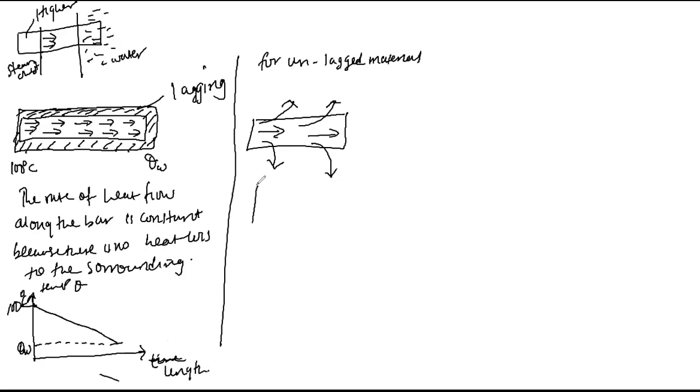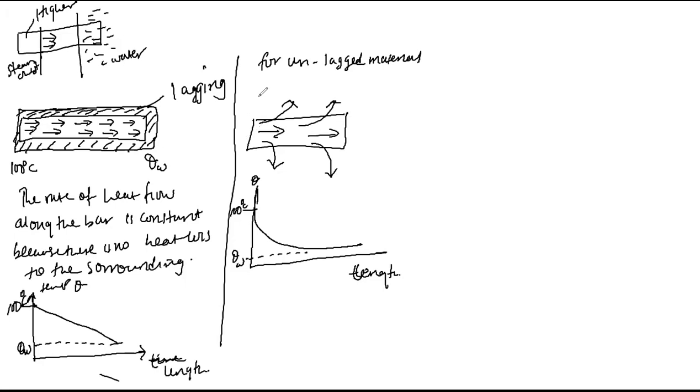Then this one will have a graph like this one. So this is for the unlagged, the other one was lagged.